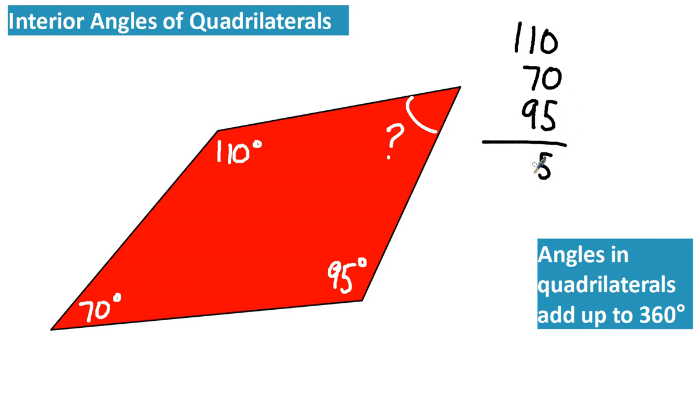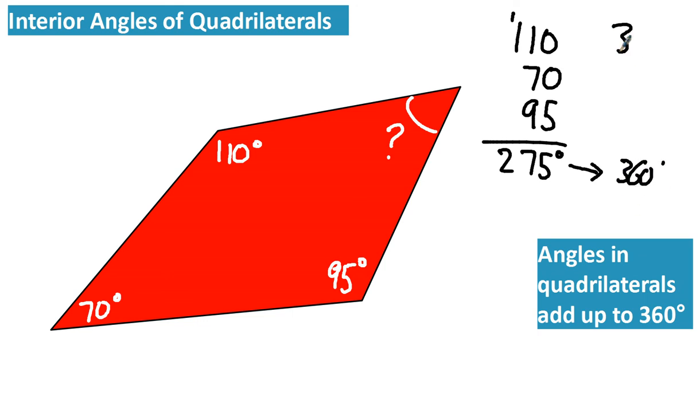110 plus 70 plus 95 is 275, so the three angles that we do know add up to 275, and then the last angle is going to have to make it up to 360. So we could count upwards until we get to 360 and work out what that missing angle would be.